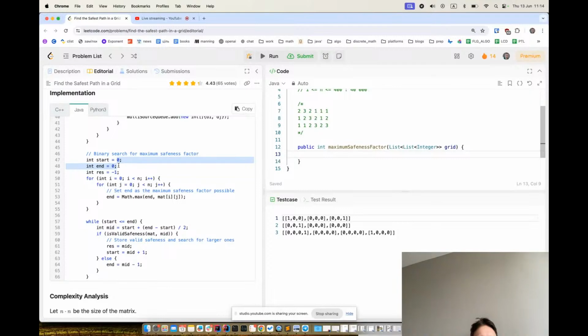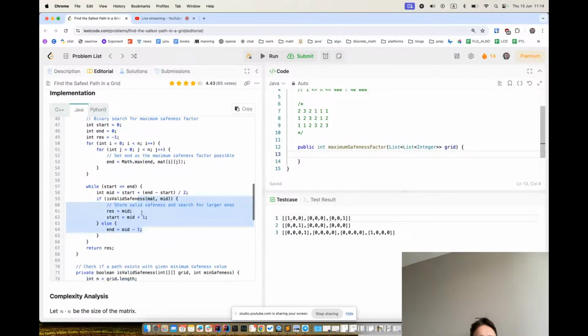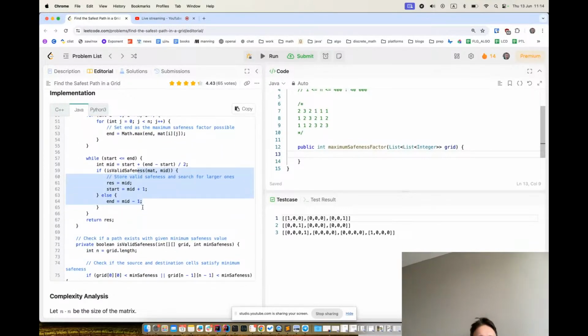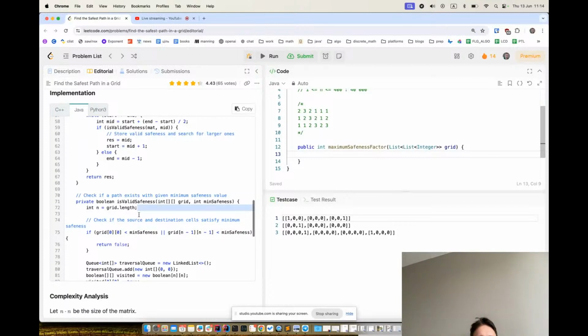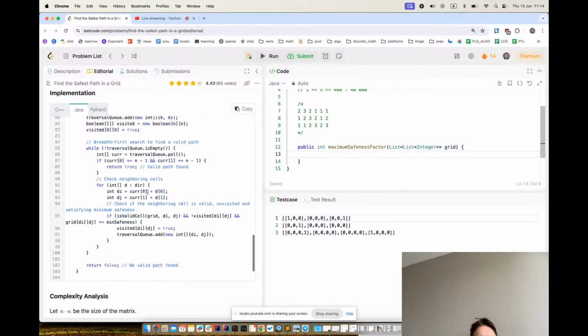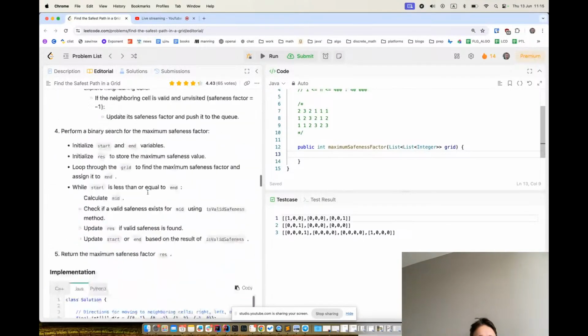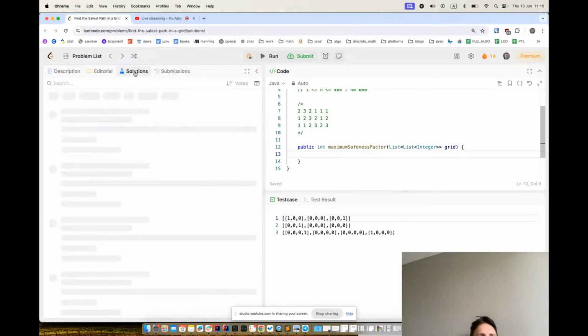So we start at 0, 0. Yeah, so it's quite a complex one.